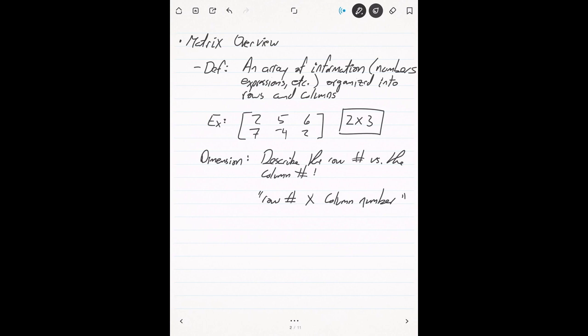You have to remember that it goes rows and then columns, because you don't want to get confused by a 3 by 2 matrix and think this is the same thing as this. These two matrices, this is a 2 by 3 and this is a 3 by 2. These two matrices are not the same. That's an important idea here.